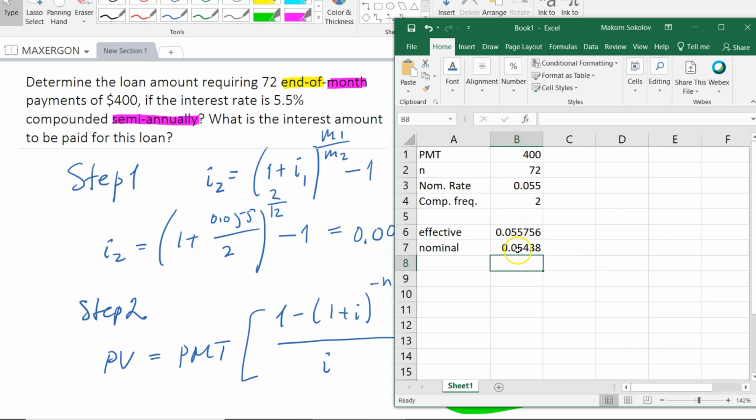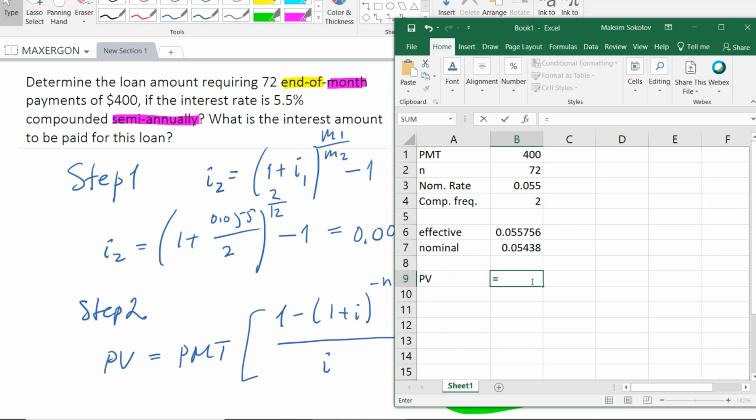Thus, in B7, we found the nominal rate, which is equivalent to 5.5% compounded semi-annually. I remind you that Excel can find an equivalent nominal rate only through the effective rate, which is why we found the effective rate first. After we found this nominal rate, the annuity has become simple, and we can compute present value.